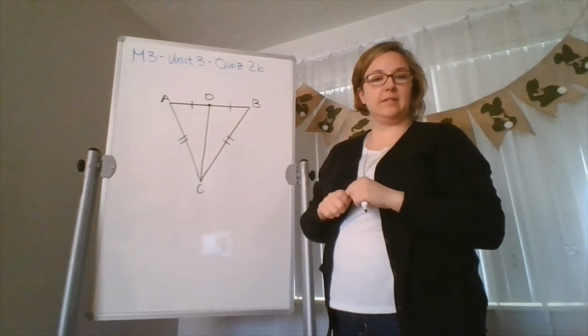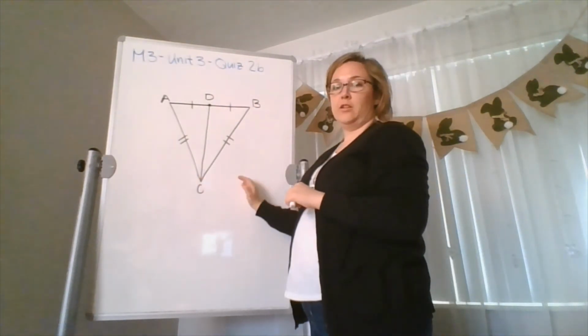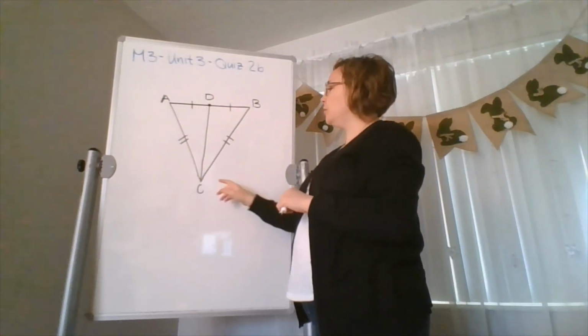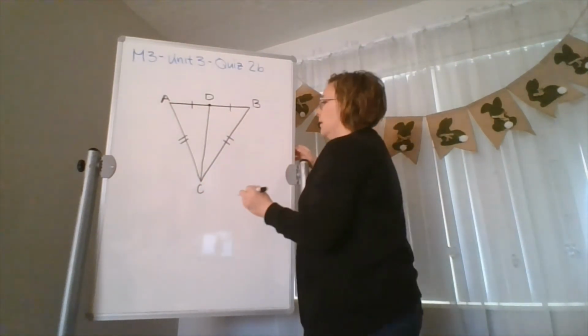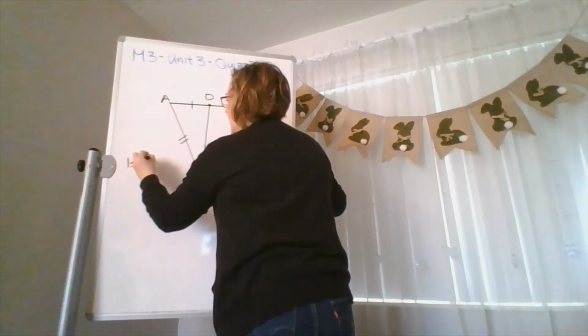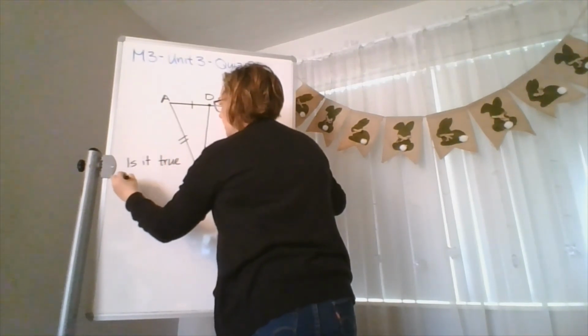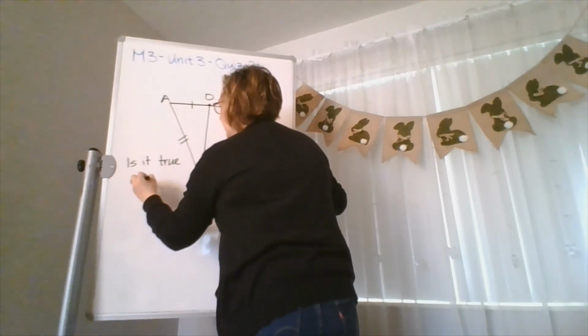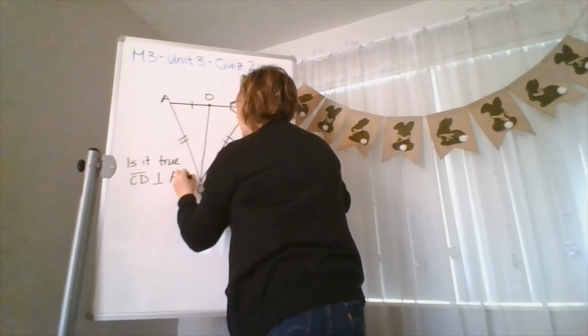What we are asked to determine is, given this information, is it true that line CD is perpendicular to AB? So that is written as, is it true that CD is perpendicular to AB?